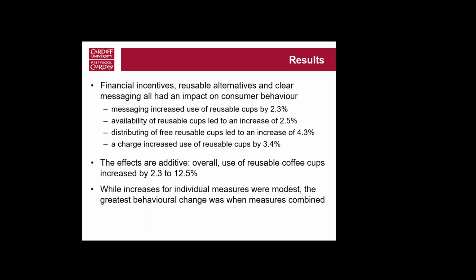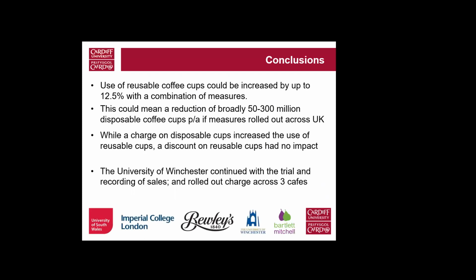So on that basis, you could increase reusable coffee cup usage by about 2.5 to 12.5%. And also, if you're looking at a previous slide, the greatest behavioral change was found when you combine a few of those measures together. Now, what can we conclude on the basis of this?